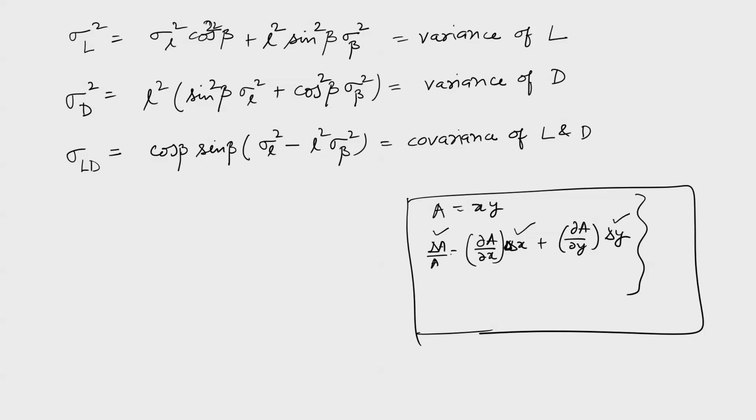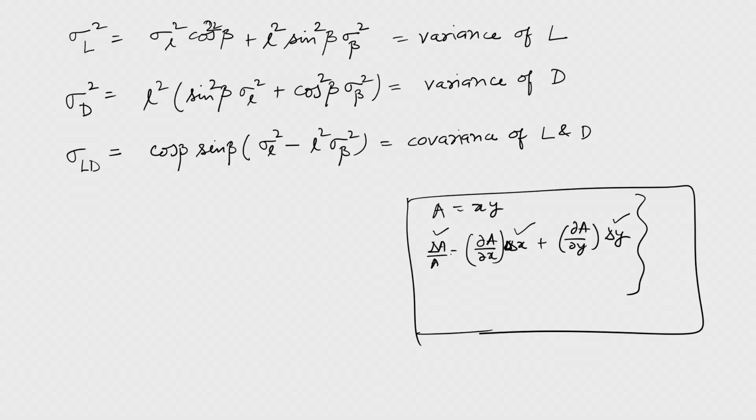However, in this case where we are using sigma precision, I do not know what is the exact error occurring in the measurement. So I am making an estimate of that error by sigma L square or sigma beta square or sigma x square or sigma y square, whatever. And using those as estimates, I am finding out what could be the error of area or in the latitude and departure or whatever the dependent variable is.